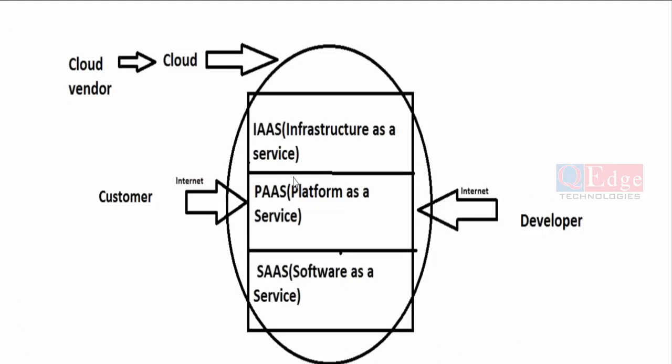Everything comes as a package, and you need not maintain the server or the database, or purchase the software. Once you purchase the license, you get all these three things as a package.